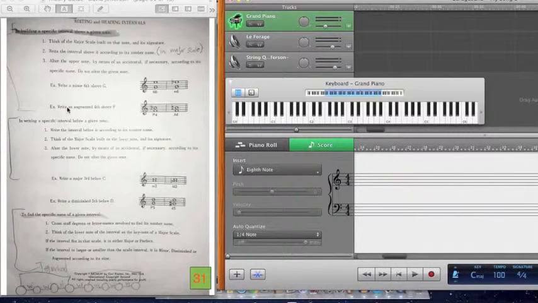What about this one? Write an augmented fourth above F. Remembering that fourths are always perfect. Above F, only a picture like this, B flat isn't there. Take the F, and given that, we're going to think of the number. 1, 2, 3, 4. That's the number part.